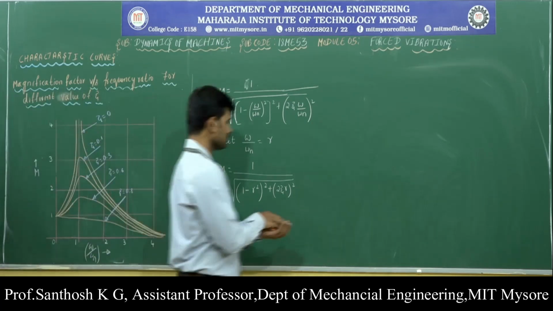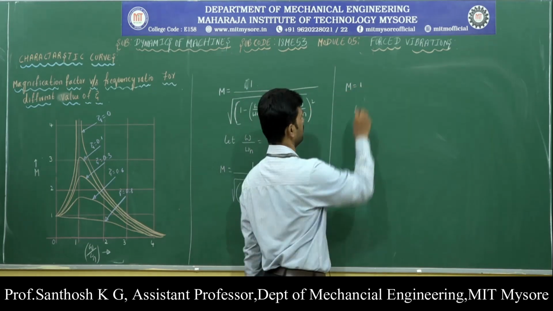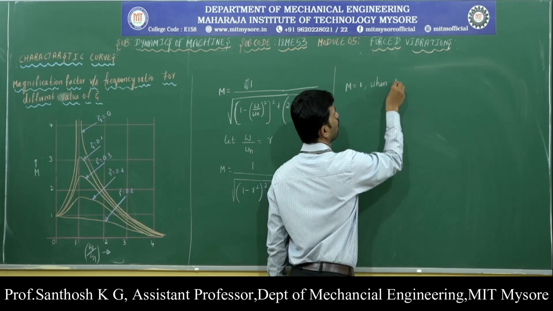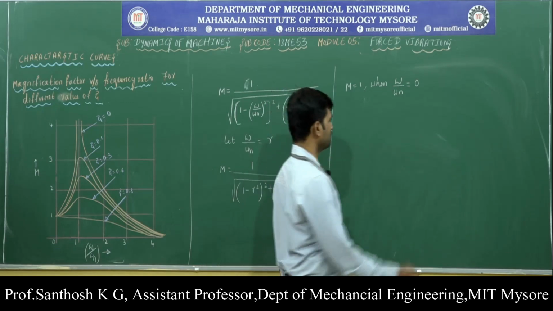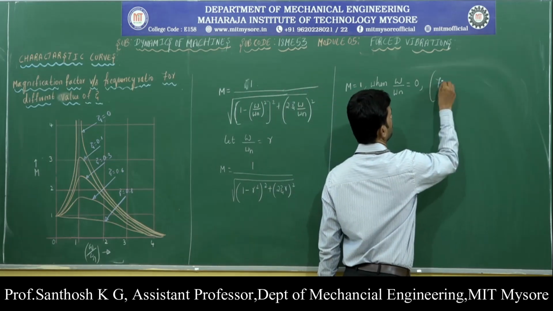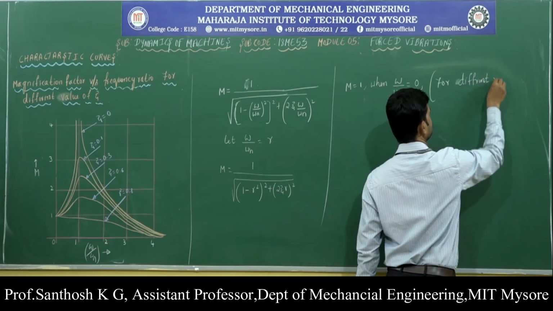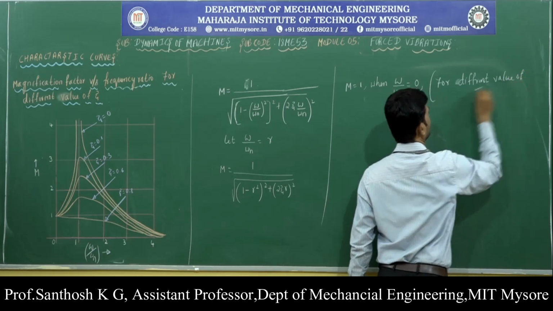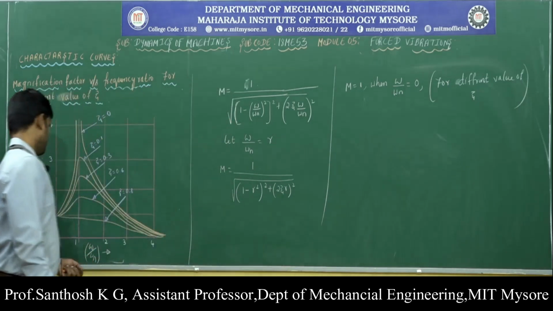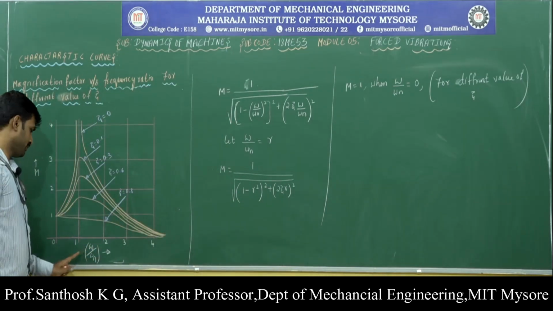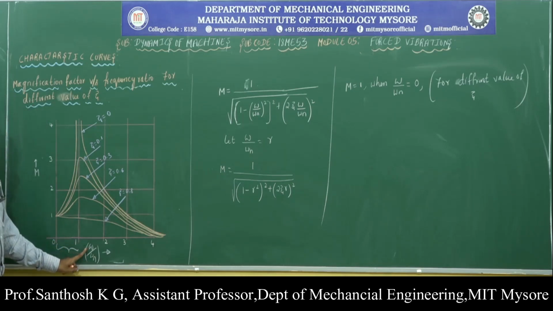That is, m equals 1 when omega by omega n is 0 for different values of damping ratio zeta.